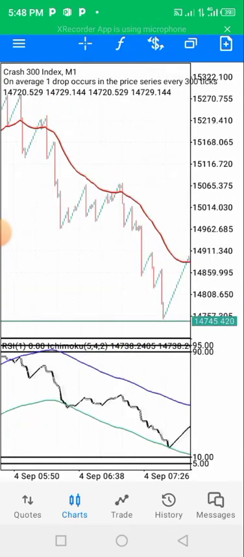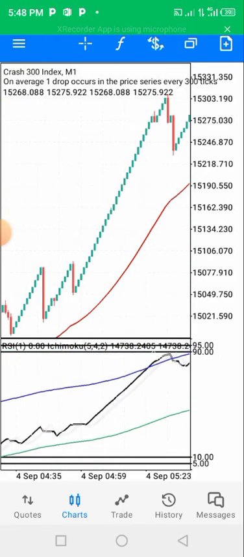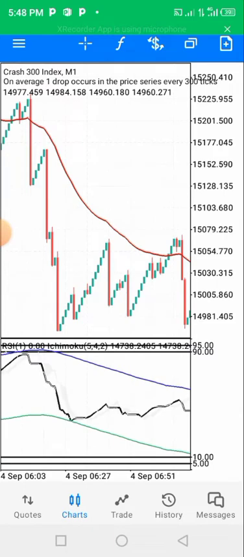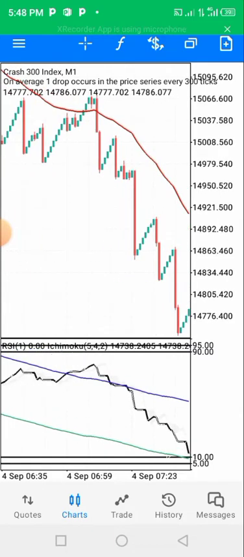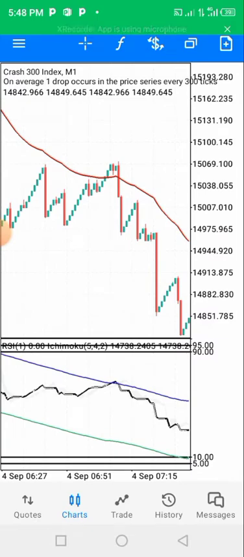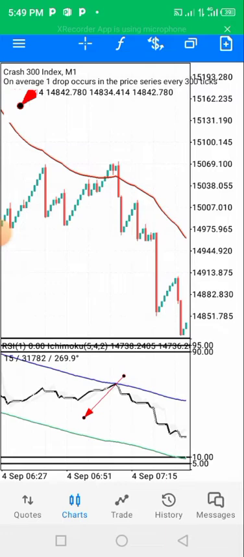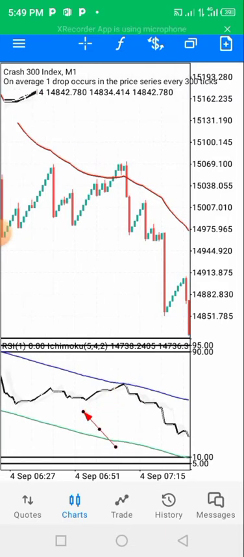So I have to zoom out again. Sorry about that. I've lost my pointer, so I have to choose another one. So like I was saying, before you start selling and expecting to catch a spike, you have to wait.